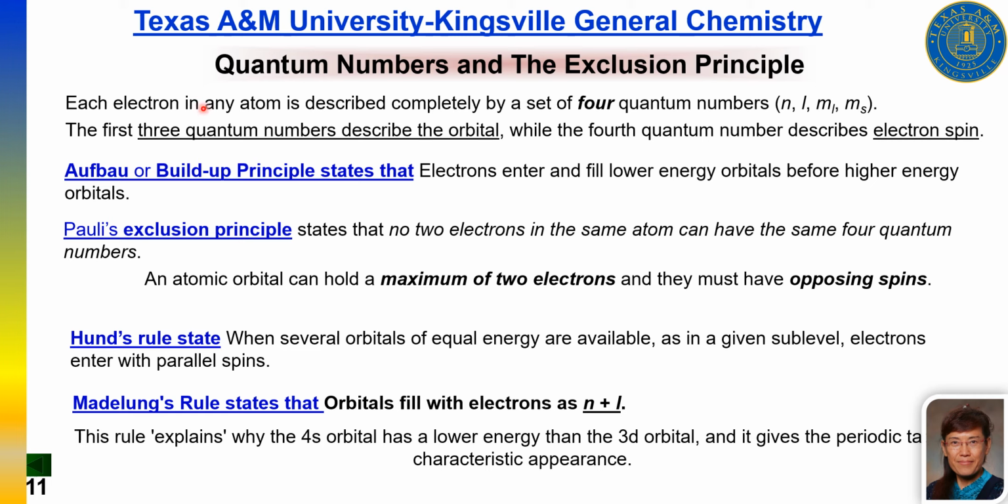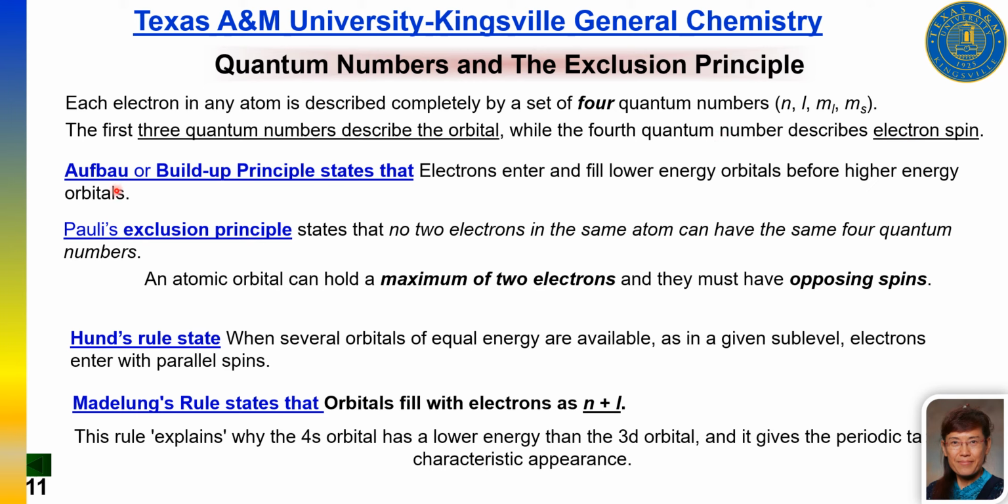So your electrons in any atom can be described completely by a set of these 4 quantum numbers. So we call it the quantum number set, N, L, ML, and MS. The first 3 quantum numbers, N, L, ML, describe the orbital of your atom. And the last one, MS, describes the electron spin.